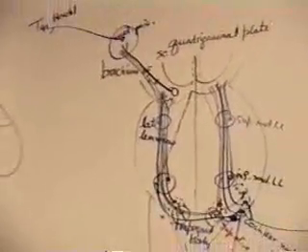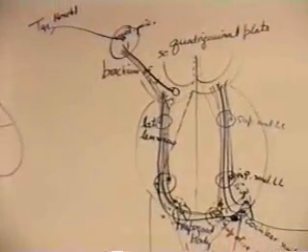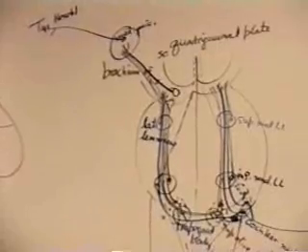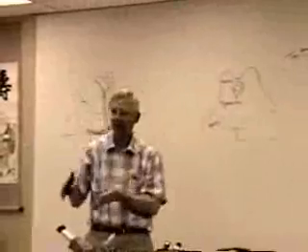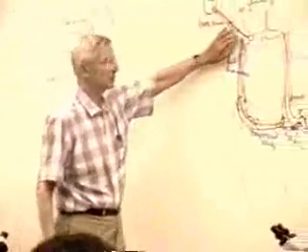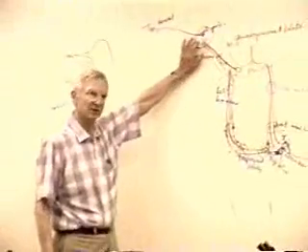So we have a fairly regular pattern of long fibers and short fibers that overlap and are projecting to inferior colliculus and medial geniculus.